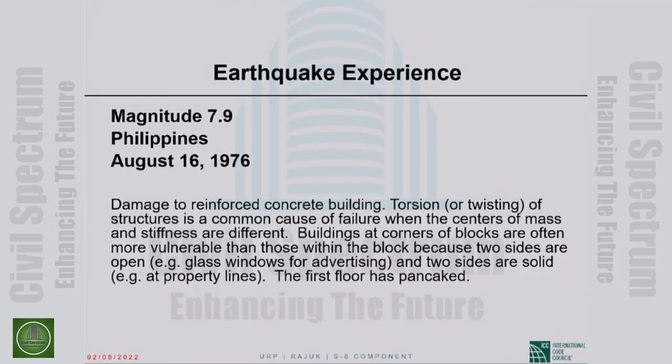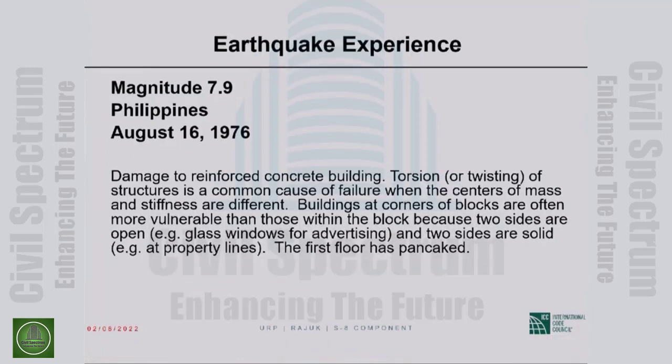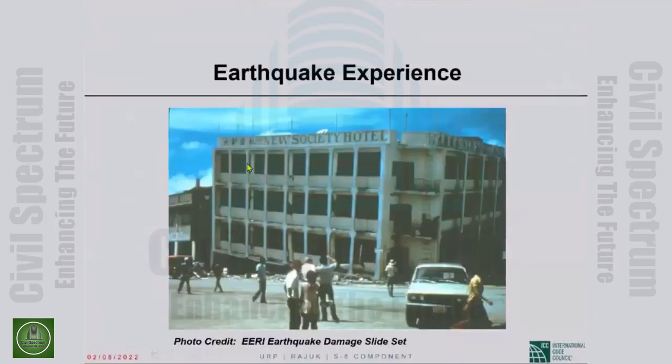Philippine earthquake, this is Manila, 1976. This kind of a building is very common again around the world. It is at the corner of two streets. The street-facing faces of the building are open. There are no walls. You don't want walls. You want exposure to the outside. You want to see outside. You want outside people to see you, your stores and whatever. So the two back faces have walls.